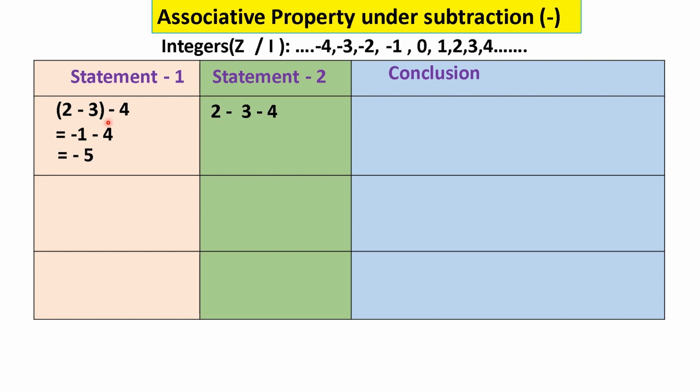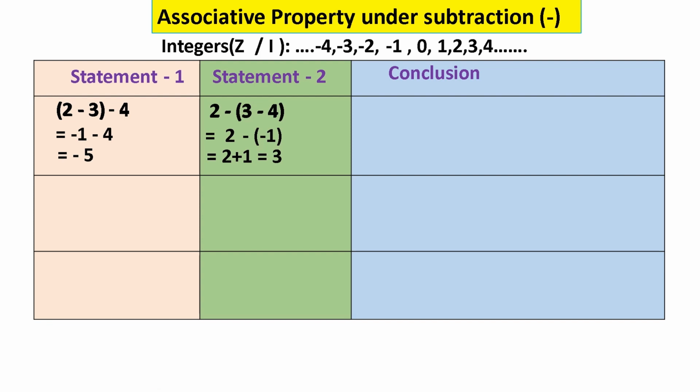In statement 2, the last two integers are subtracted, and after that that result is subtracted from the first integer. Now we will check. Subtract the last two integers: 3 minus 4, we will get minus 1. So 2 minus of minus 1. Minus of minus 1 is plus 1, and 2 plus 1 is plus 3.